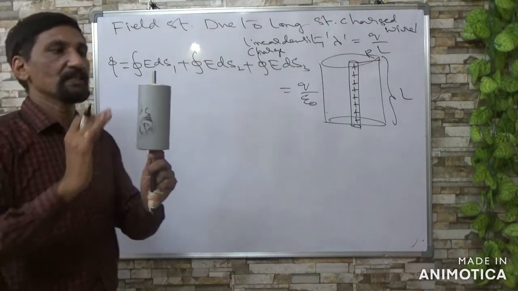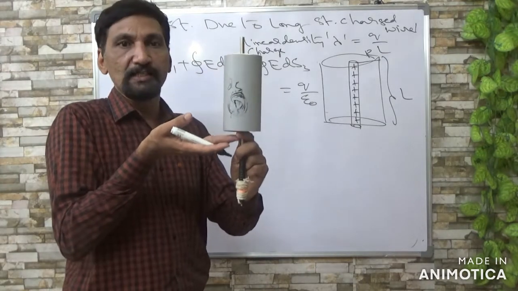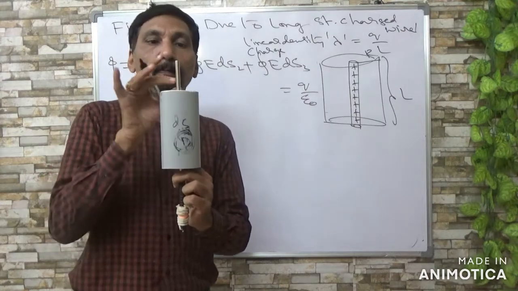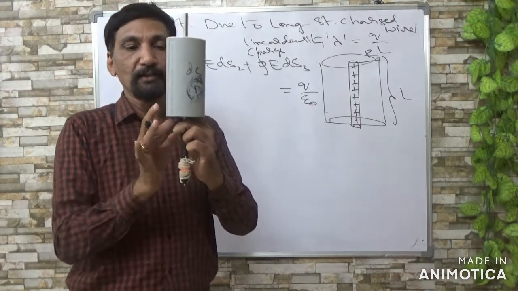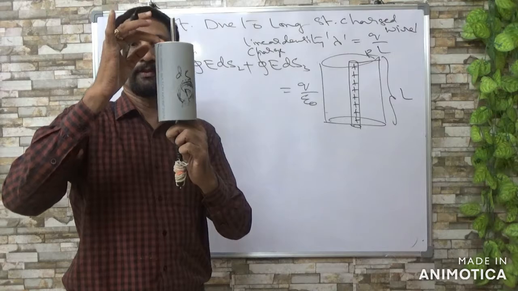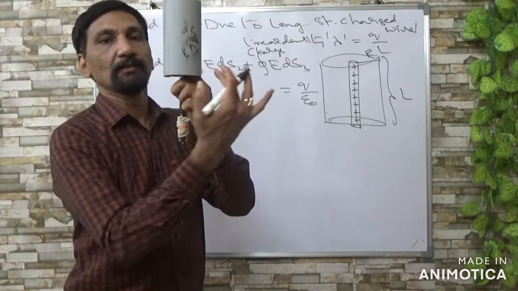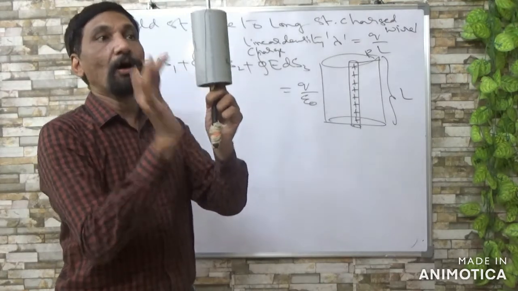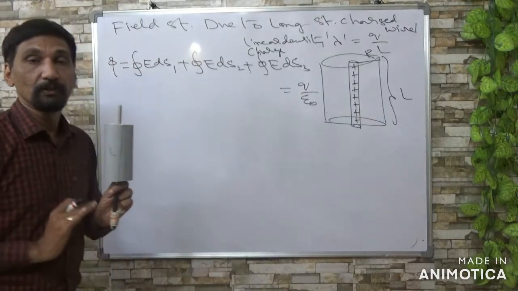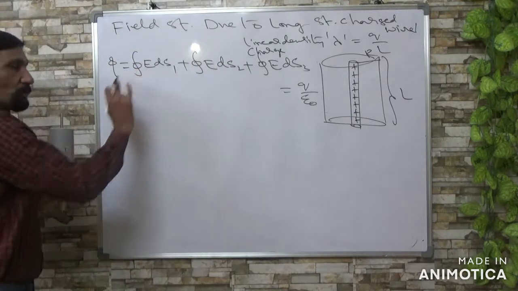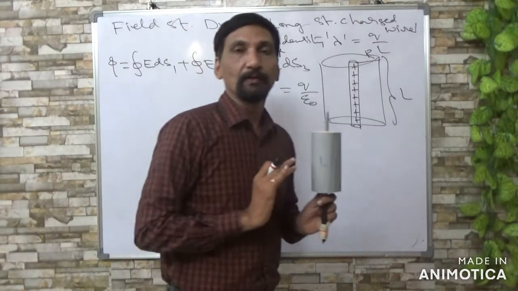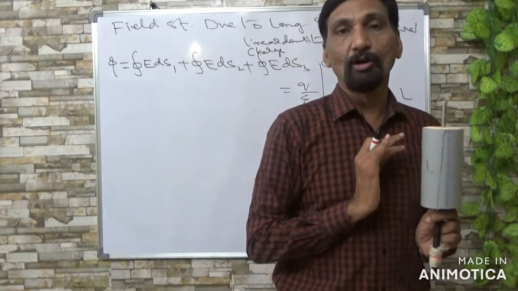But if you notice, surface 1 and surface 2 are perpendicular to the conductor. Whenever two vectors are perpendicular, their dot product is always 0.